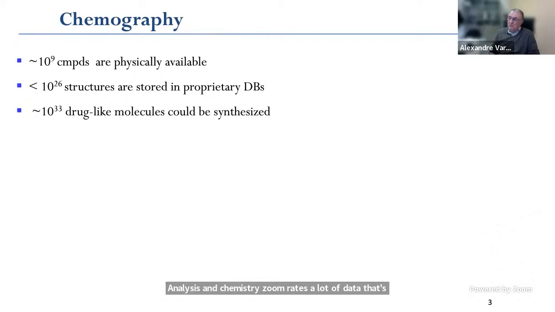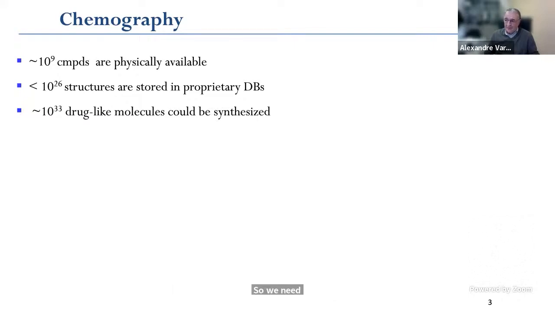A huge amount are virtual libraries, up to 10^26 compounds are available in pharmaceutical companies. And this last number is not too far from 10^33, estimated as the lowest bound of all drug-like molecules which could ever be synthesized. So we need new computational technology to analyze such big data.